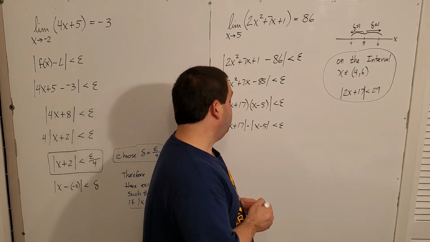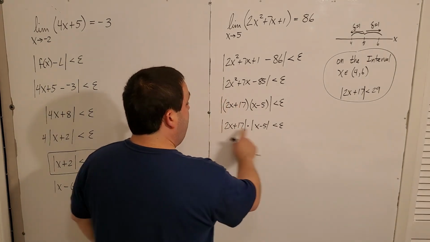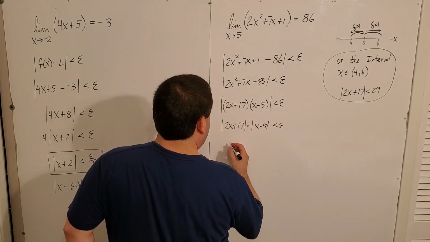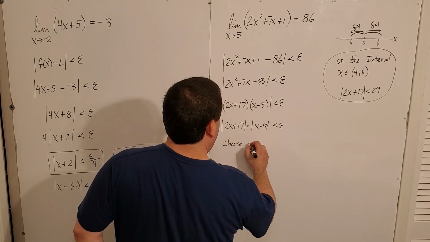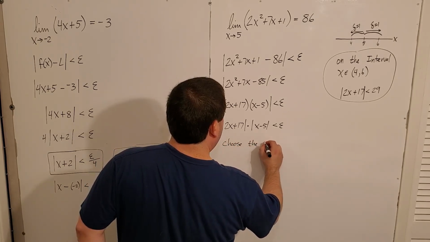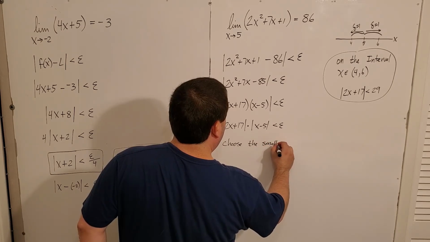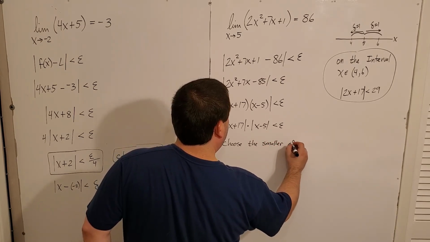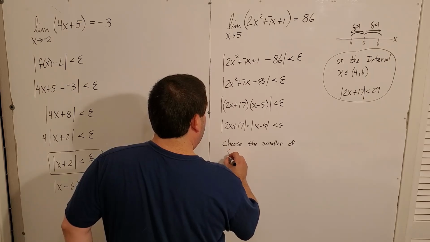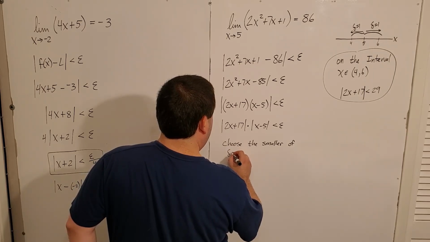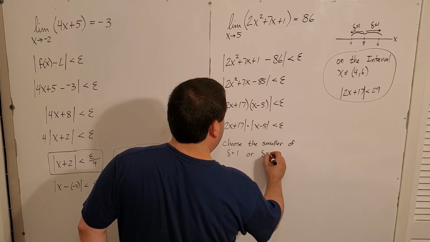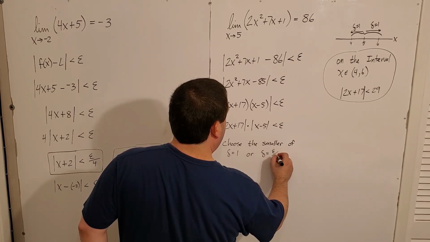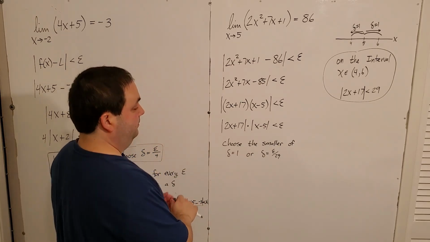Okay. So then right here, choose the smaller of either delta equals 1 or delta equals epsilon divided by 29.